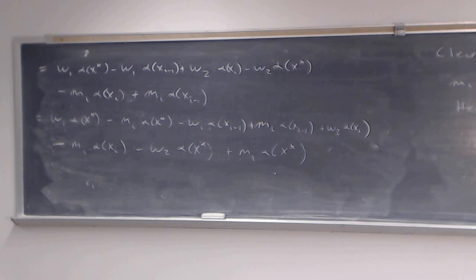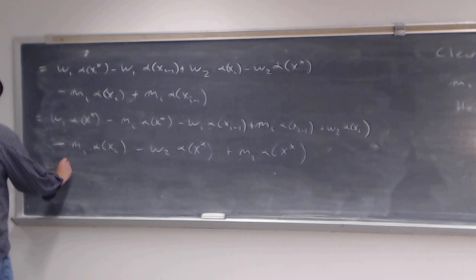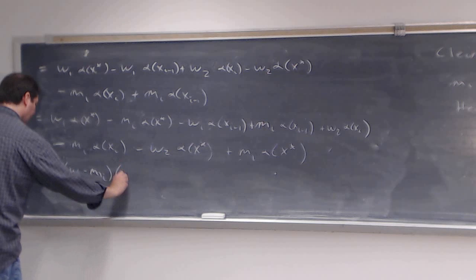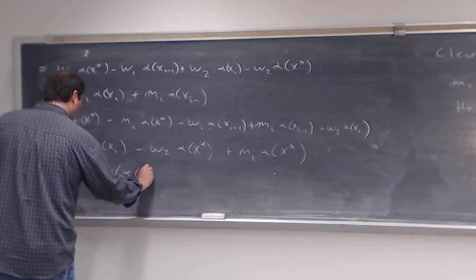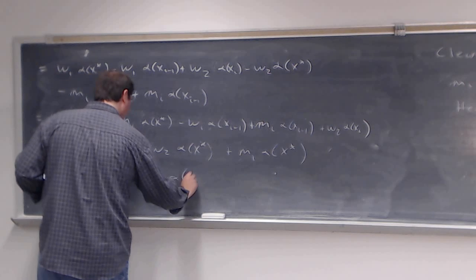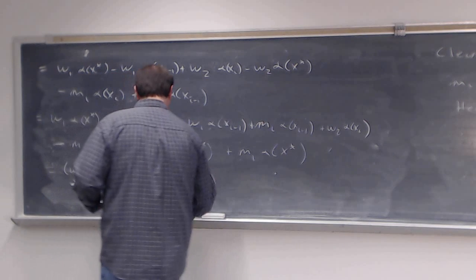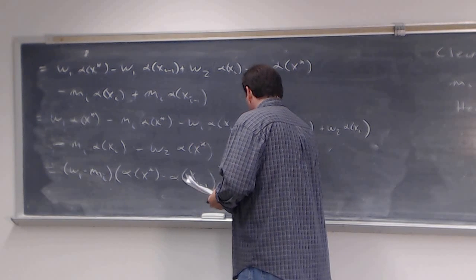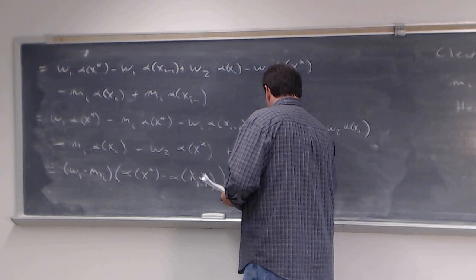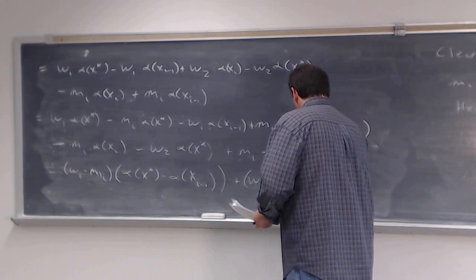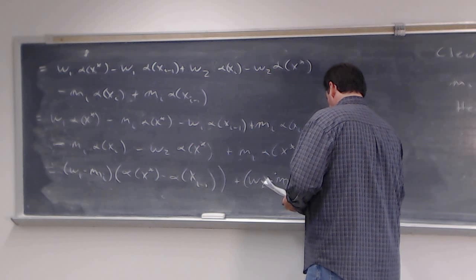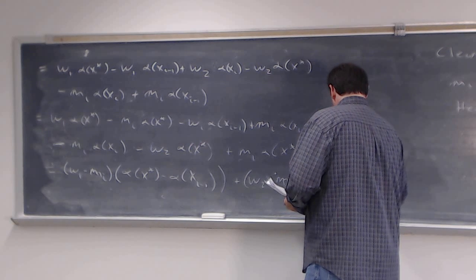I think they were there before. And so this can be rewritten as w1 minus m sub I times the quantity alpha x star minus alpha of x sub I minus 1, and then plus w2 minus m sub I times the quantity alpha x sub I minus alpha x star.